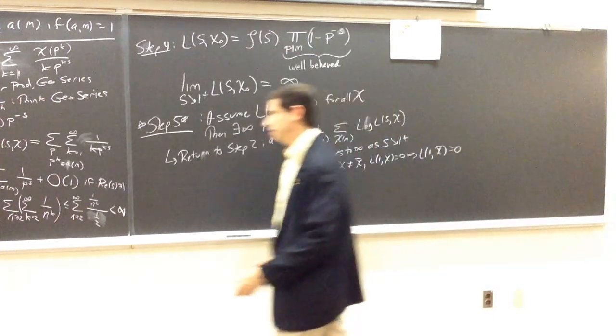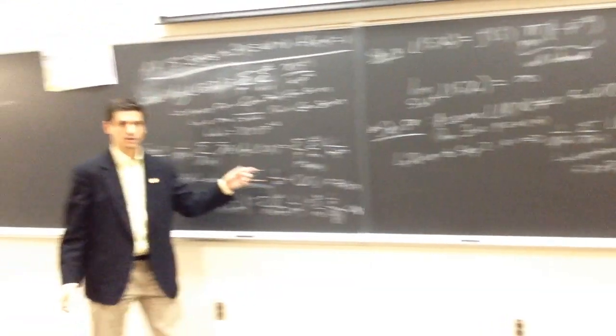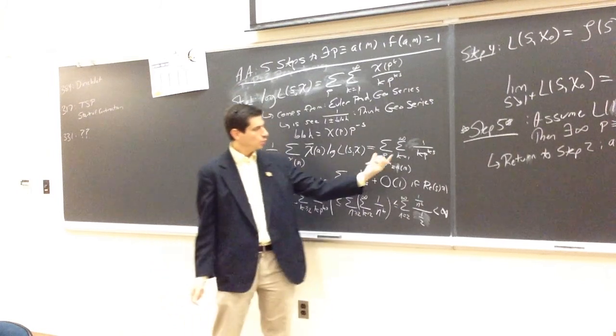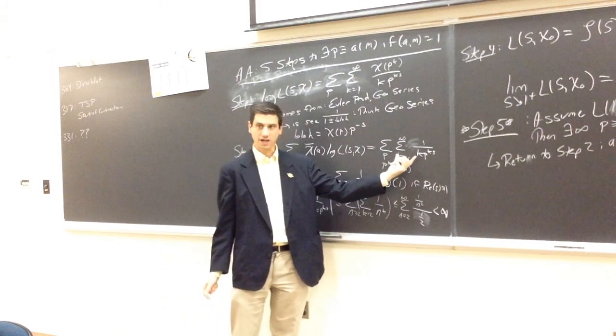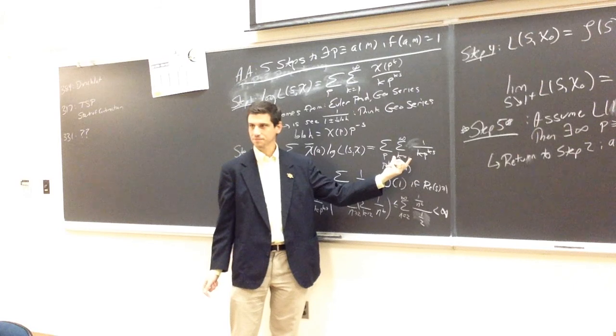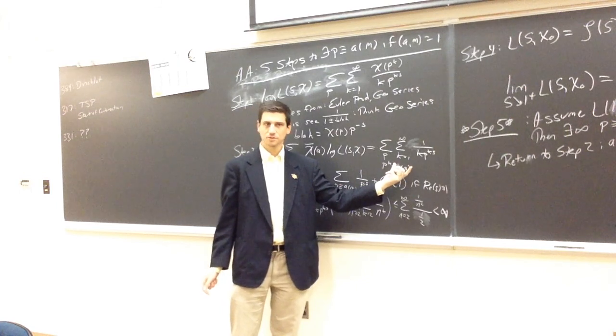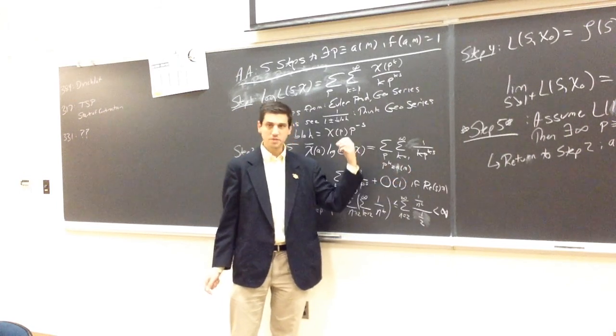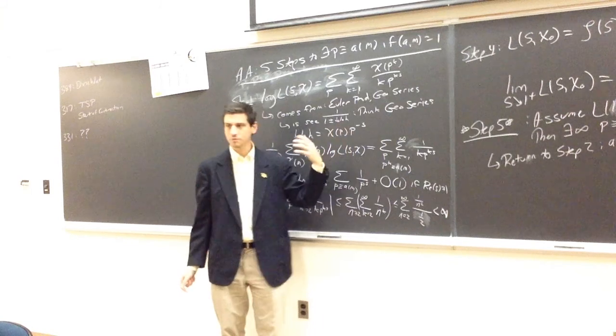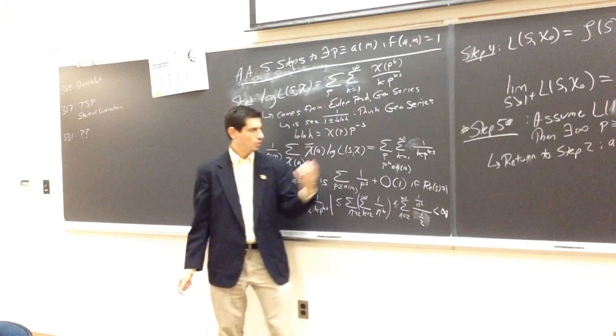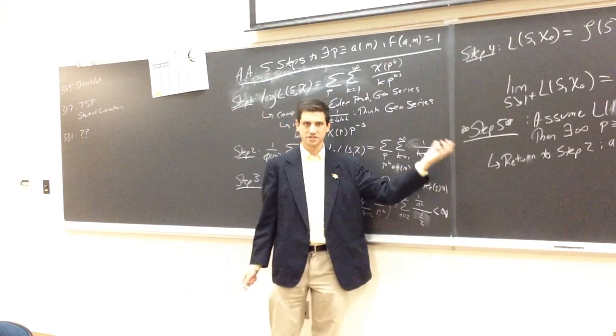Now let's go back over here and look at step 2. If we come back over here, what can you tell me about the sum on the right-hand side when a equals 1? Summing over p, summing over k, p to the k congruent to 1 mod m, 1 over k, p to the k, s, as s is tending to 1.